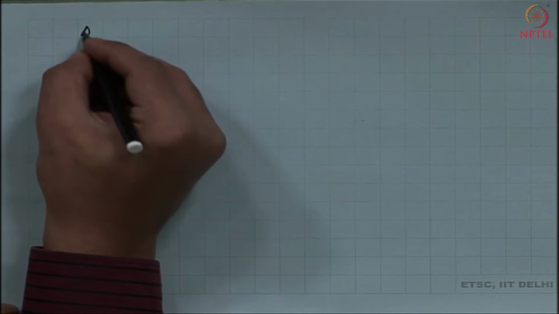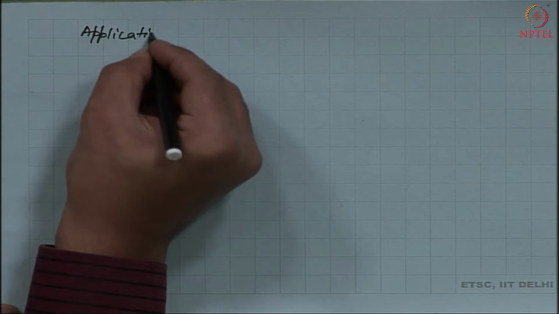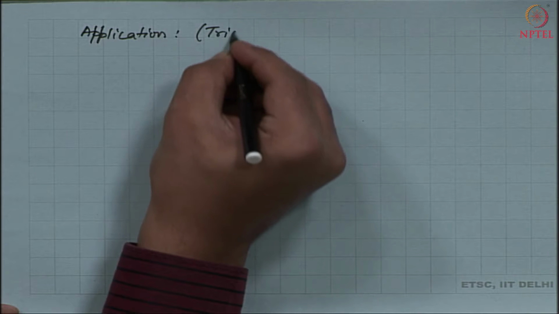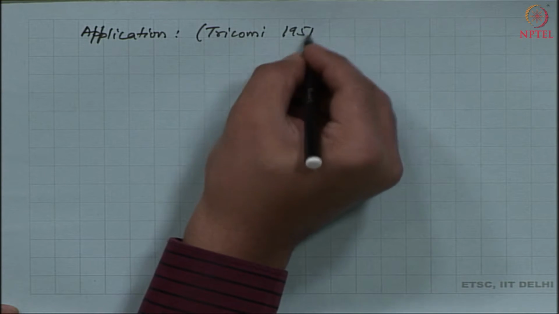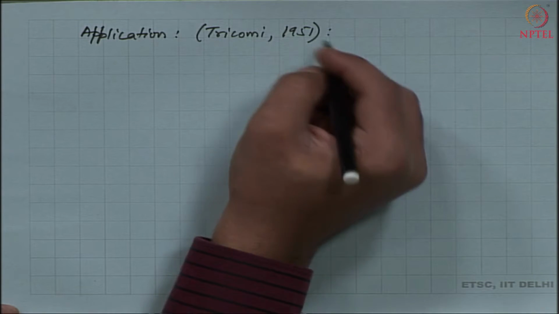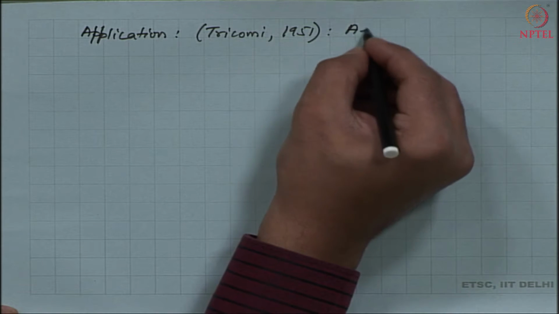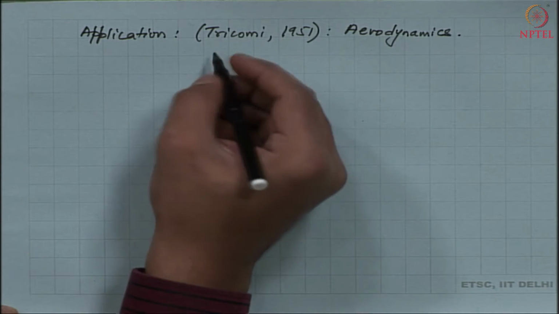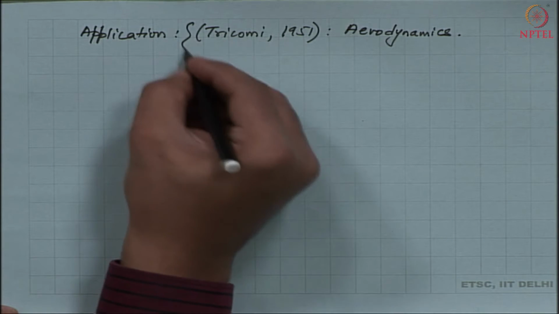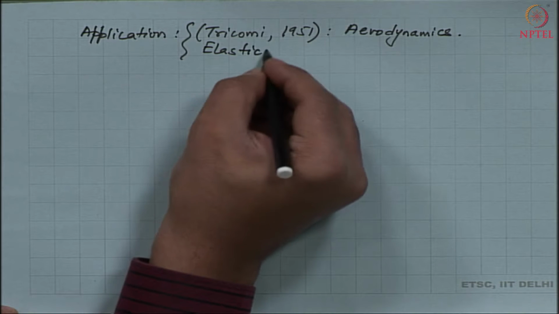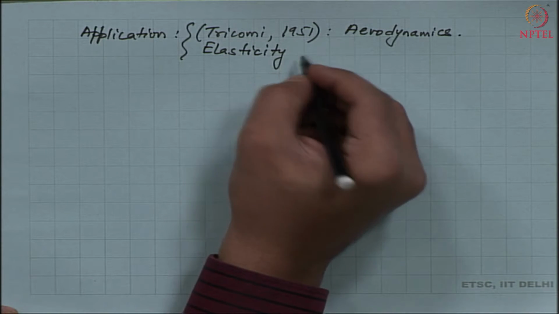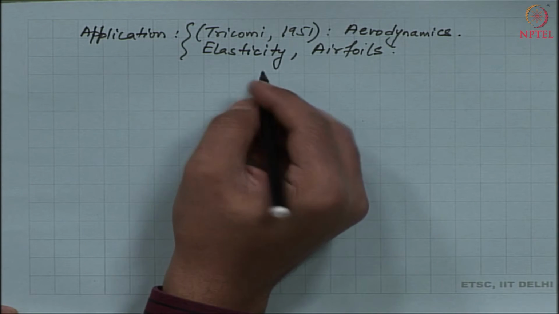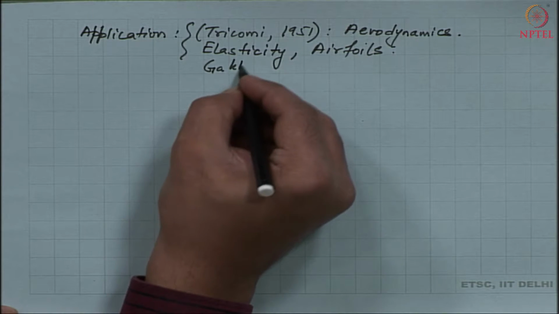Well, I am just going to highlight some of the applications. The students are encouraged to see the applications in these areas. It was first introduced by a scientist known as Tricomi in this year, where he utilized these finite Hilbert transforms in his problems related to aerodynamics. And then it was also shown in elasticity, applications in elasticity of membranes, elasticity of rods, and also in airfoil theory, airfoils, by these people, Gekhoff.